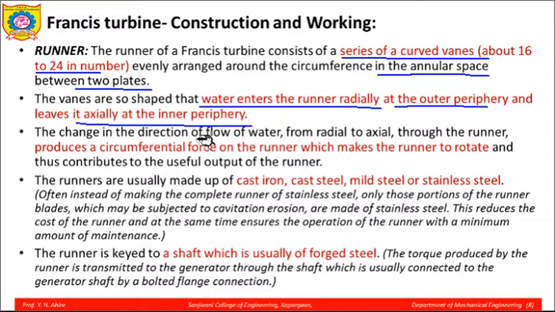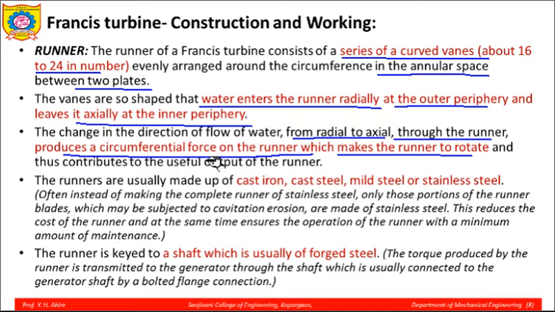The change in the direction of flow of water from radial to axial inside the runner produces a circumferential force to act on the runner, which makes the runner rotate and thus contributes to the useful power output of the runner.